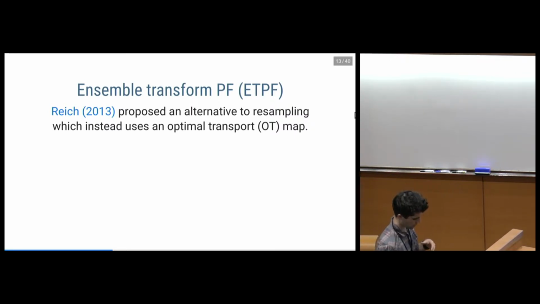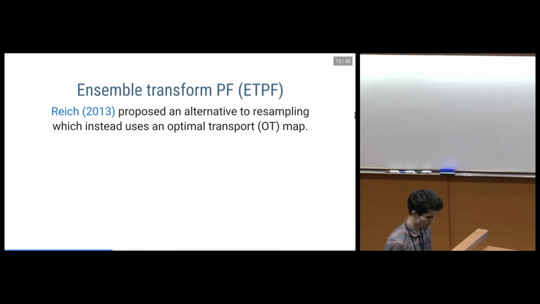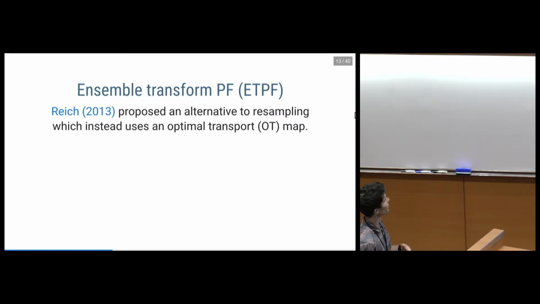We could also, rather than doing that stochastically, consider using ideas from optimal transport to come up with some map which transforms between those two empirical distributions. And Sebastian Reich, in this 2013 paper, proposed exactly that idea.